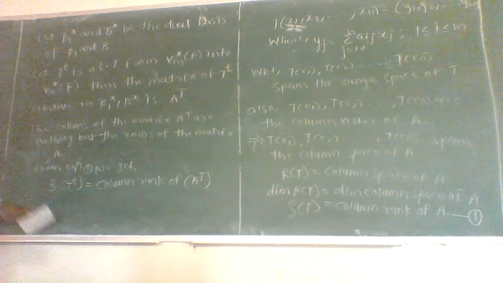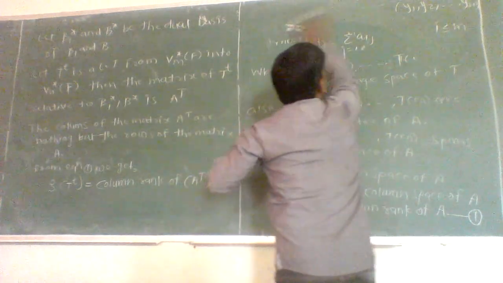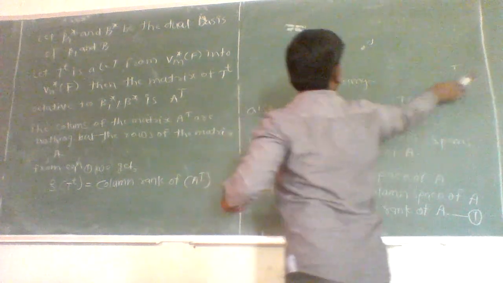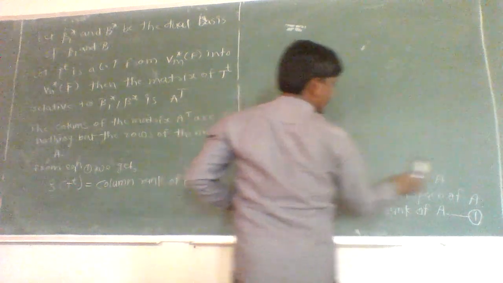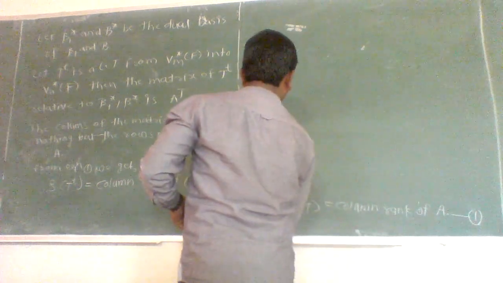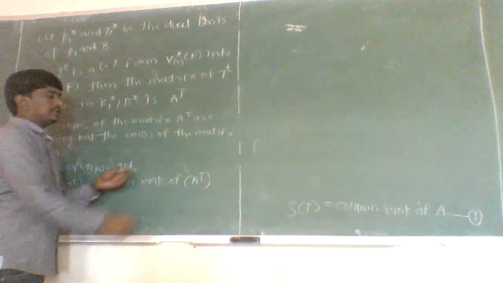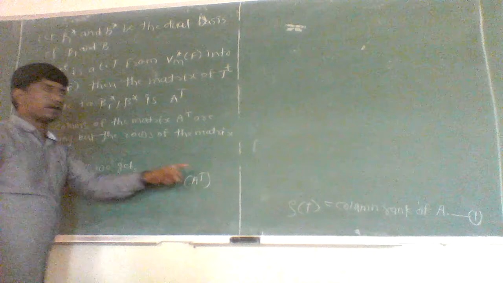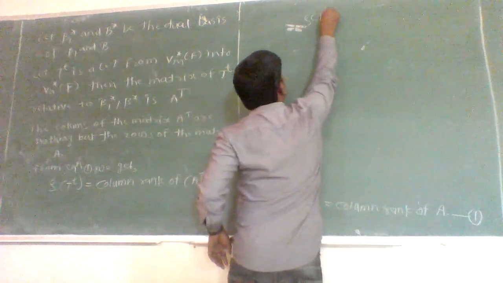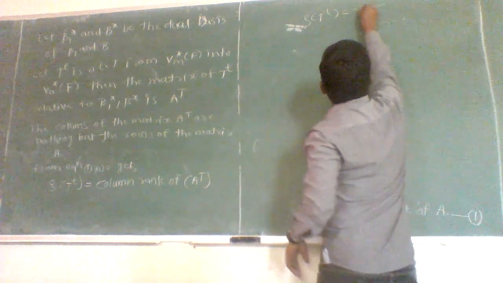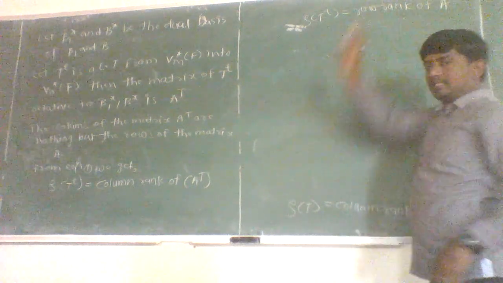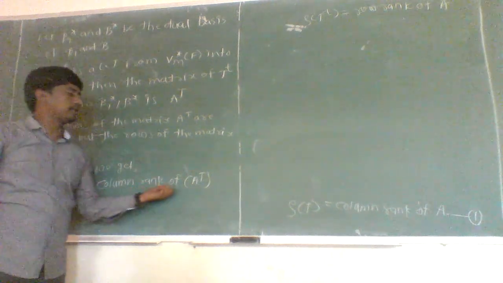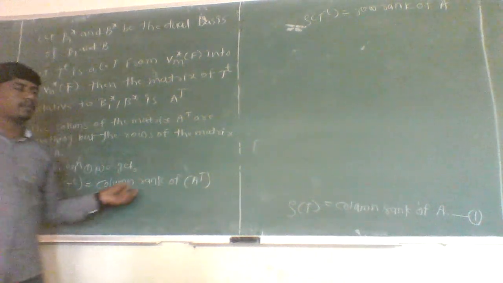But the column rank of matrix A transpose is nothing but the row rank of matrix A. So rank of T transpose is equal to the row rank of matrix A. Since the columns of the matrix A transpose are nothing but the rows of the matrix A, the column rank of matrix A transpose is nothing but the row rank of the matrix A.